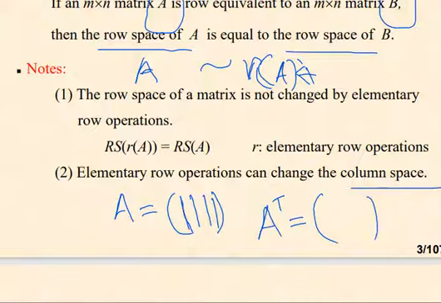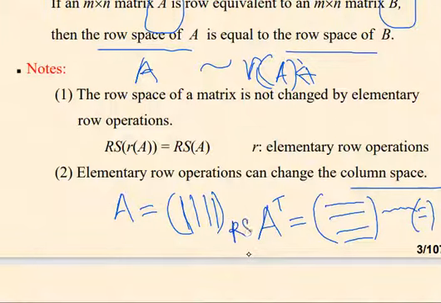If you transpose this A, these columns become rows of the matrix transpose of A. Then you can reduce this matrix using row operations.